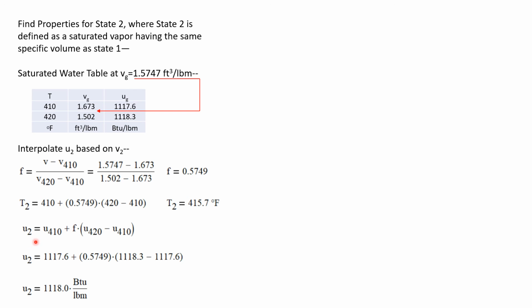We know that u2 is the u value at 410 degrees plus the f value times the value of u at 420 minus the value of u at 410. Plug in all these table values and we get u2 is 1118.0 BTUs per pound mass.